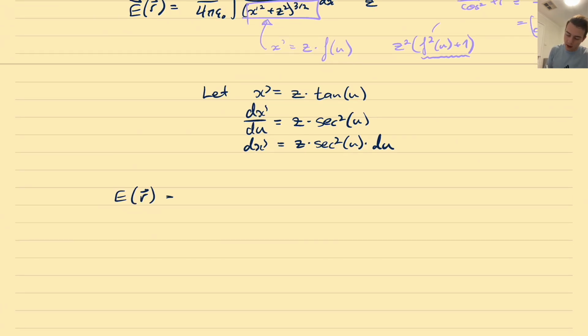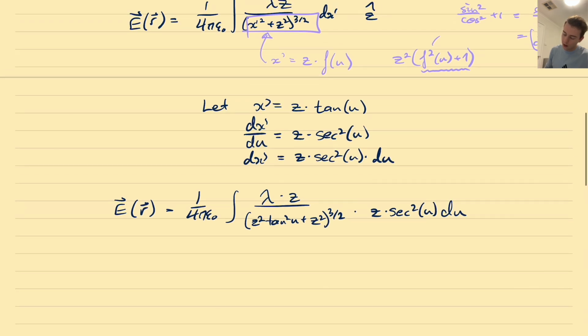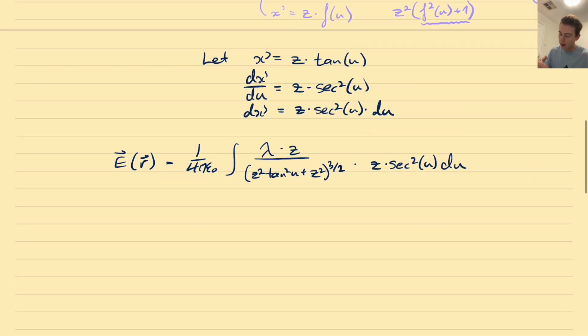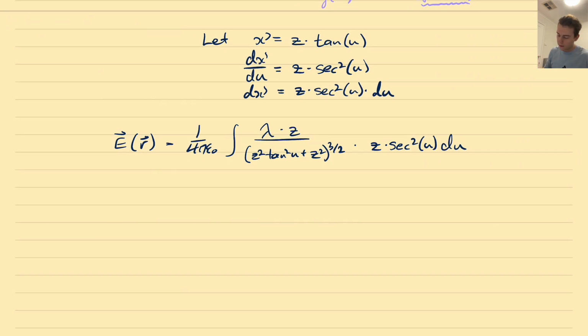Then I can put all of that into my little integral for the electric field, and I get 1 over 4 pi epsilon 0 integral lambda times z divided by z squared tan squared u plus z squared to the 3/2, times the dx prime, which I now write as z sec squared u du. And as for the limits, I know x goes from minus L to L, so I'll just leave that for later. I don't necessarily care at the moment about writing them in terms of the u values. So I just want to simplify this now.